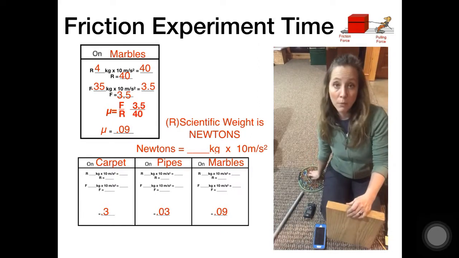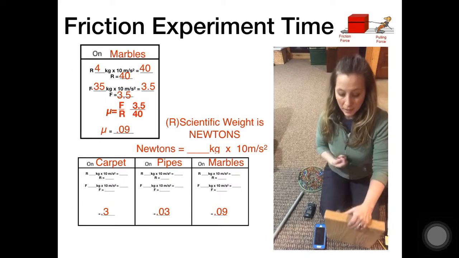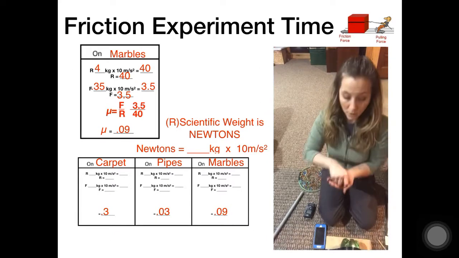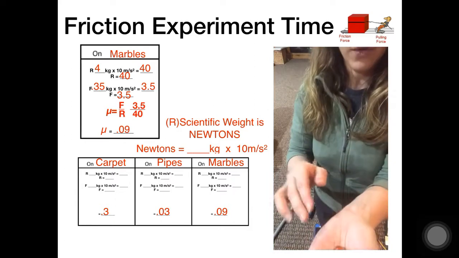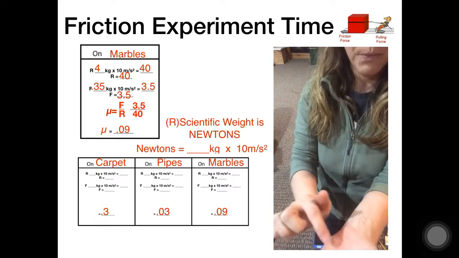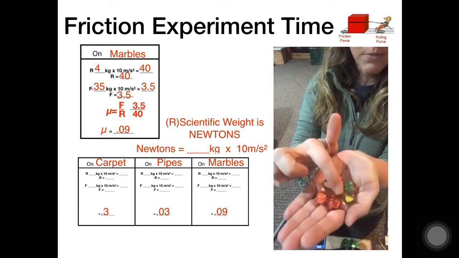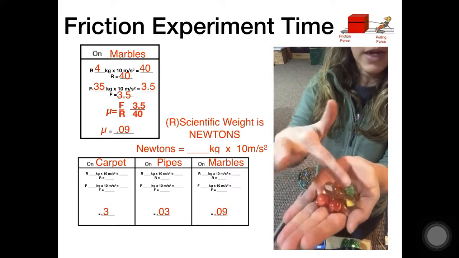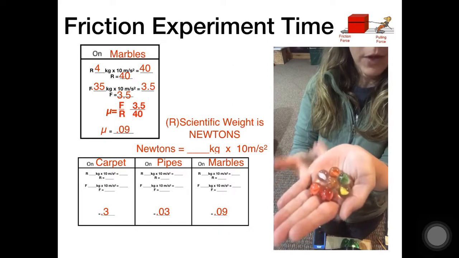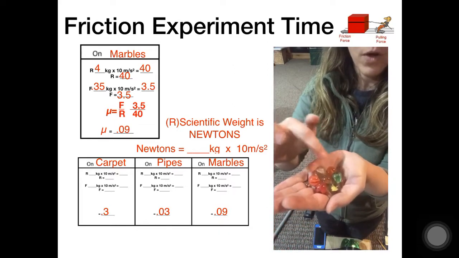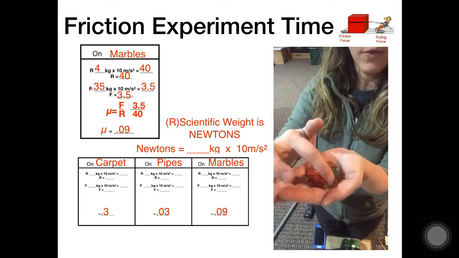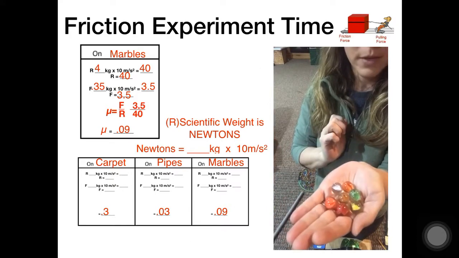When we look at the marbles, if you notice here in my hand, this marble in the center is touching the board on the top and the carpet on the bottom. And that marble is also touching 1, 2, 3, 4, 5, 6 other marbles.